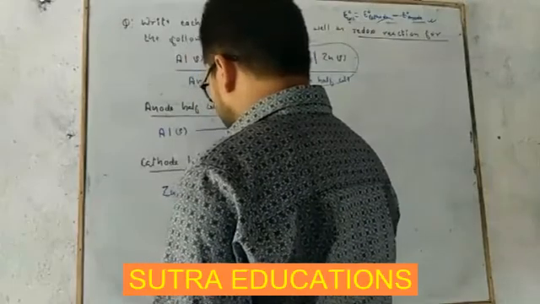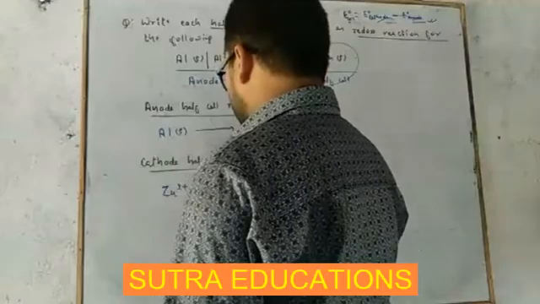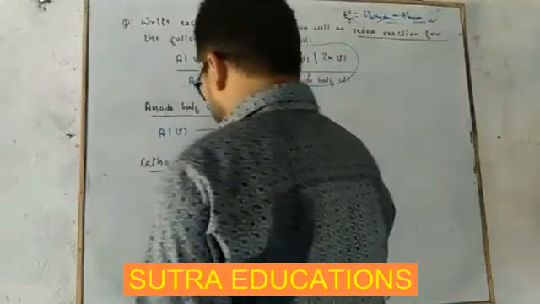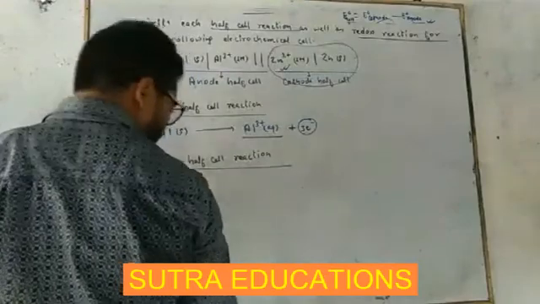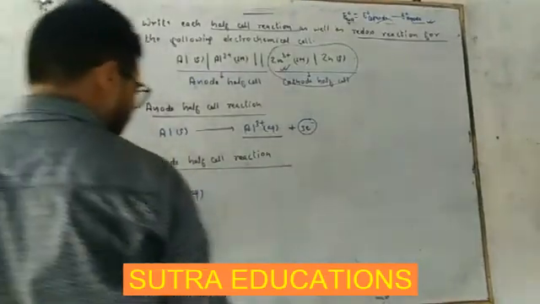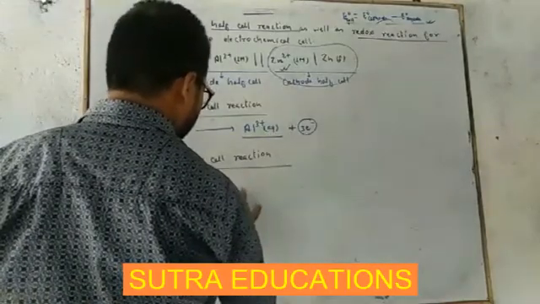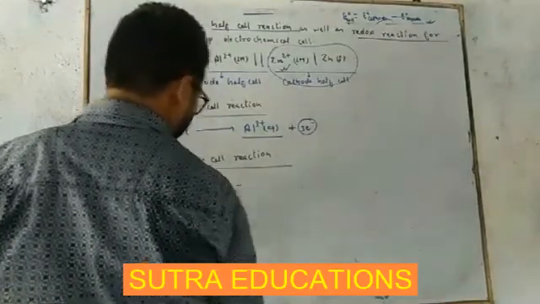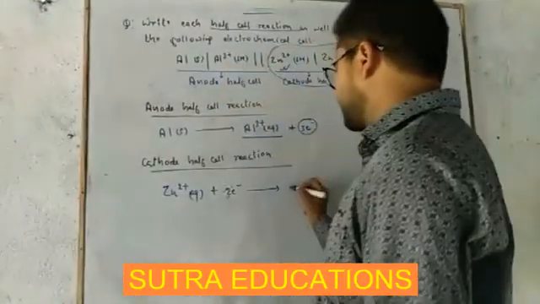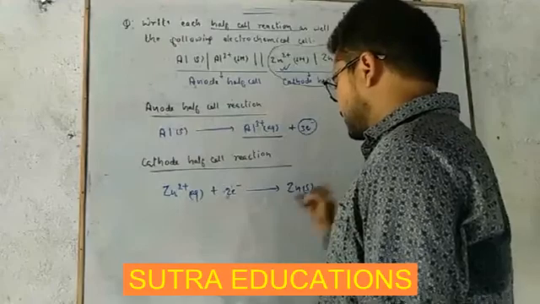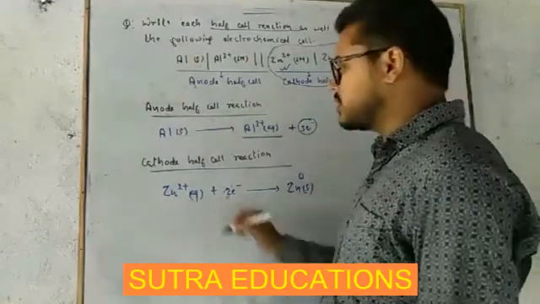So plus 2 electrons. Zn2+ means aqueous, plus 2 electrons, and it will become solid Zn. Here the oxidation state is 0, here it is plus 2.